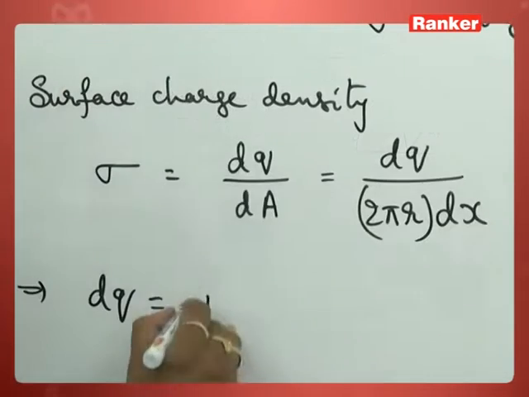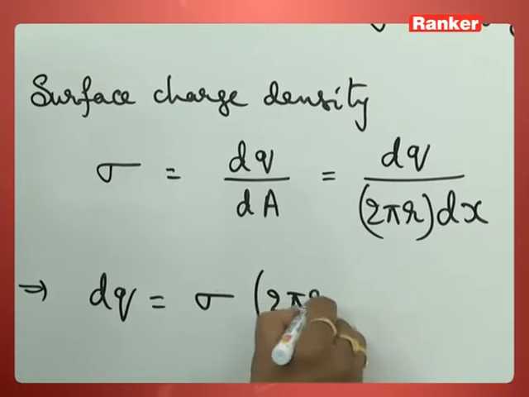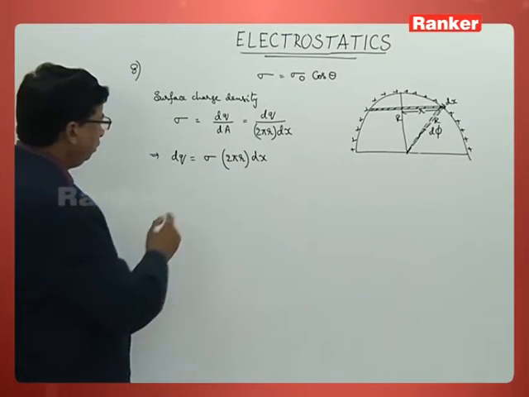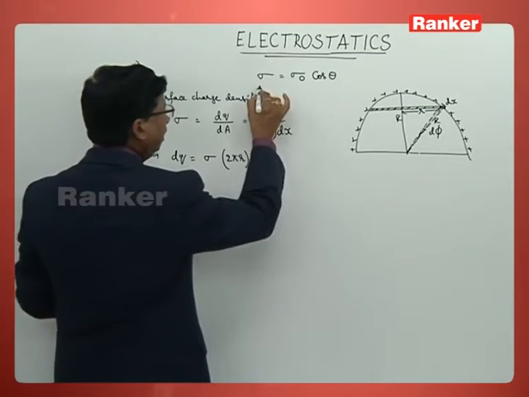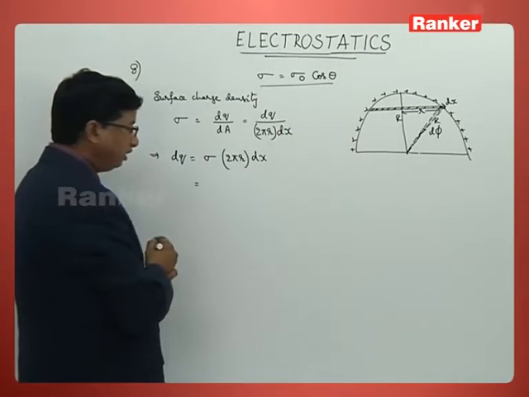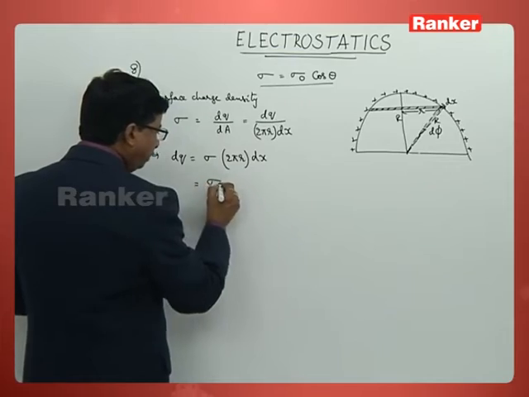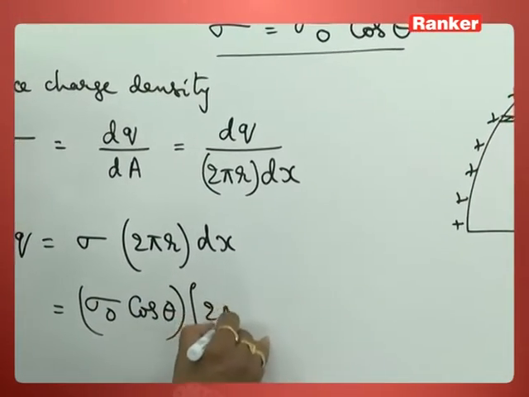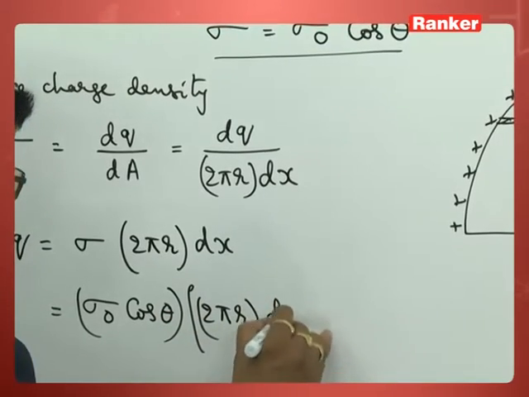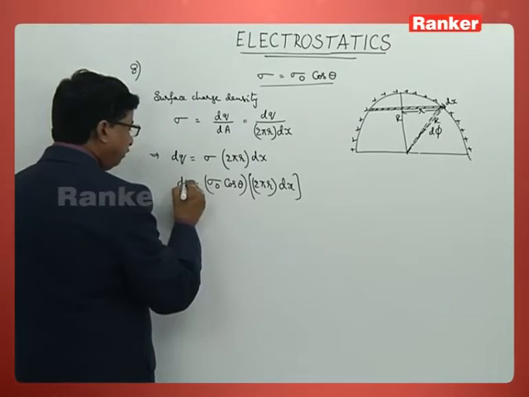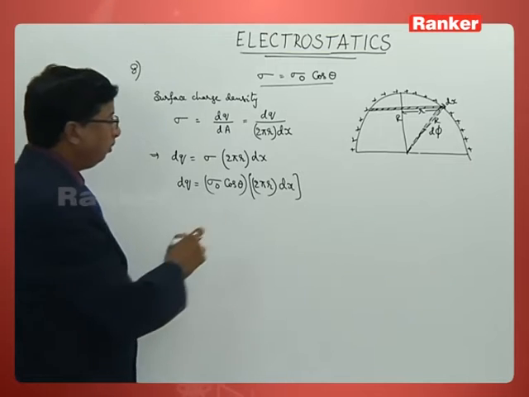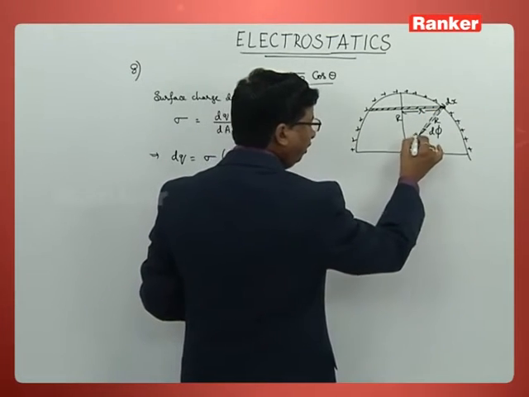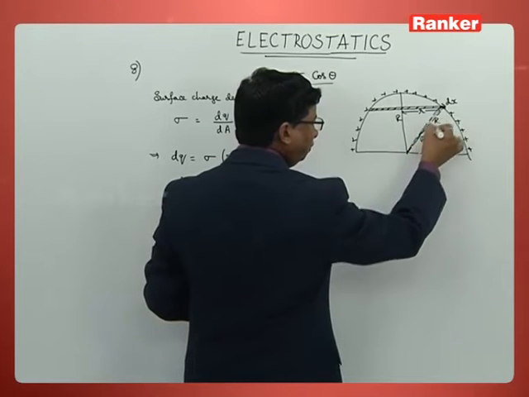So you can understand this one now. dq is equal to sigma into 2 pi r dx. But you can understand directly, sigma is given as sigma naught cos theta. So let us write that one: sigma naught cos theta into 2 pi r into dx. That is dq now. But you can certainly understand what this dx will be. Can't you write that one as r into this angle?